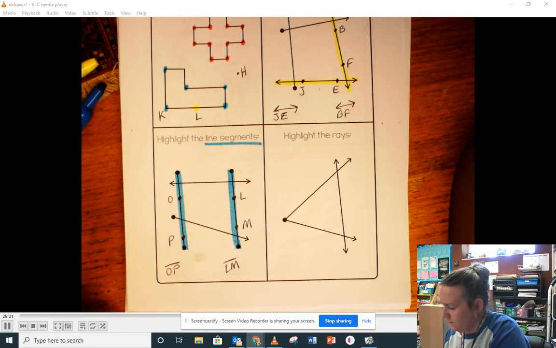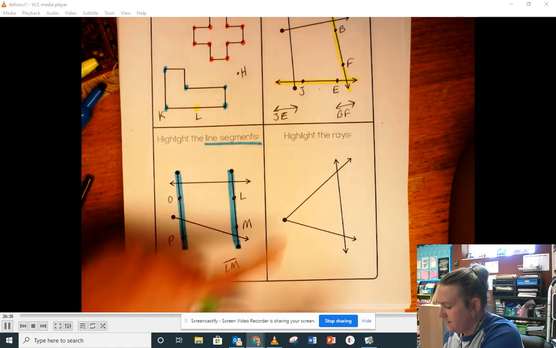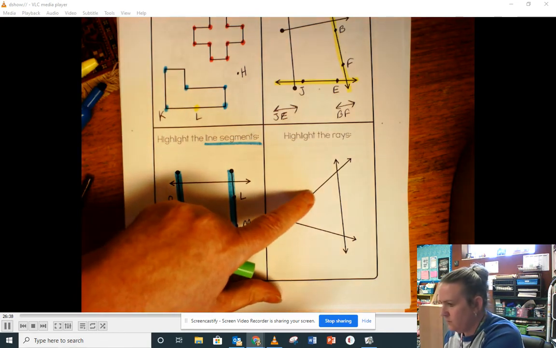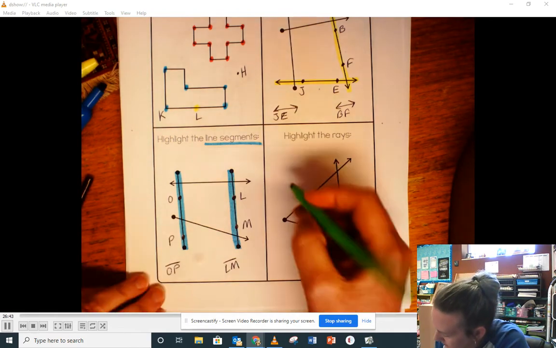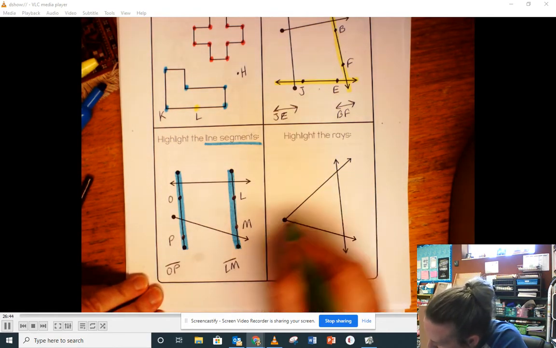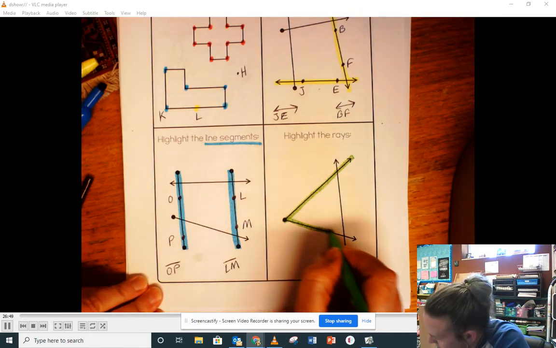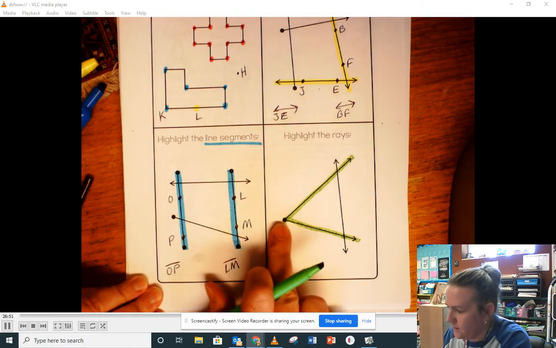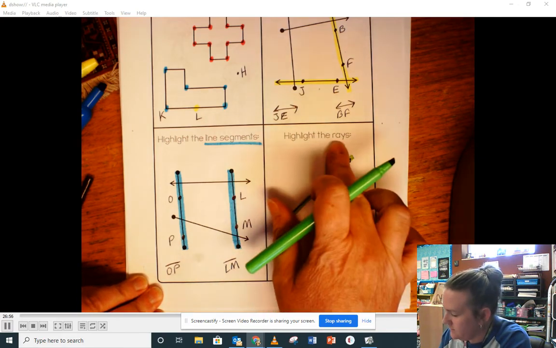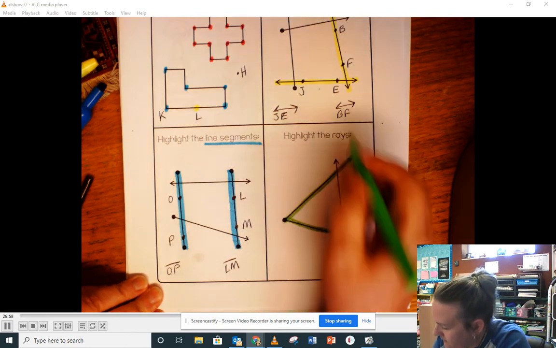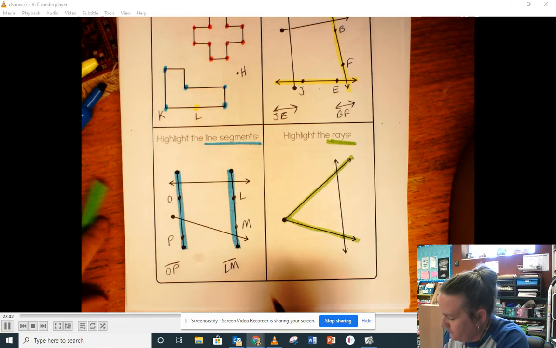Now for the last one, we're going to highlight the rays. So I said that before. See how it takes 2 rays to make an angle, and they meet at a point. So we are highlighting the rays that start in one place and go off in one direction forever. So highlight the rays so we don't highlight this line. Now we can give those a name.